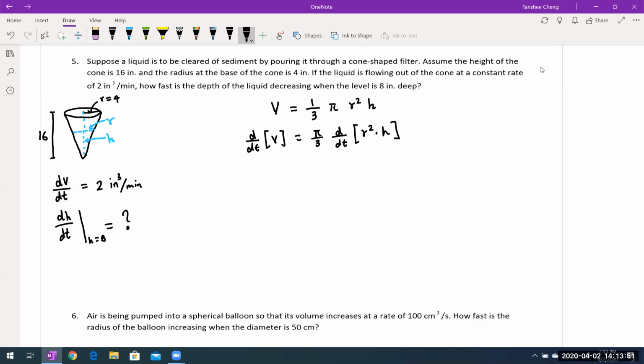If I do this, you need to use the product rule. Also, remember that r is a function of time, h is a function of time, and the volume is a function of time. This is how we are looking at the change in the volume. So when I take the derivative right here, I will have dr/dt, which I don't have that information at all in the given.